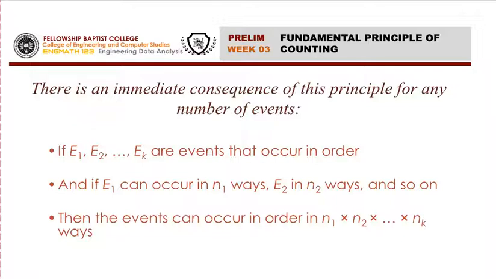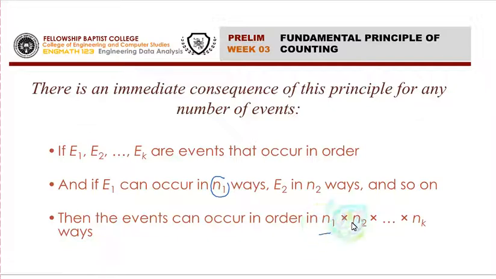So if ever you have many possible events, for example, event 1, event 2, and any possible number of events that occur in order, then if your first event can occur in n sub 1 possible ways, your second event can occur in n sub 2 possible ways, and so on, then the events can occur in order in the product of these. So you just multiply the number of ways of your first event by the number of ways of your second event and so on, up to however many events we are considering. And that is then the possible number of ways for a specific event to occur or to happen.